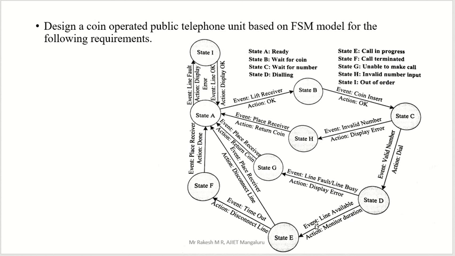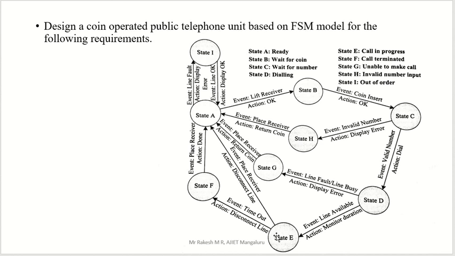Now line available and monitor duration is there. That means you started your call, you started your discussion with the other person in this state. Now there are two conditions. Because this is a general public booth, right, there are two conditions.